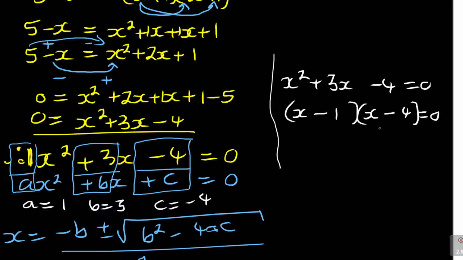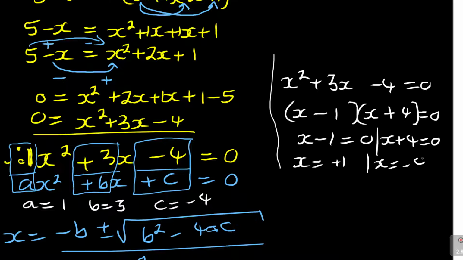So 1 times this is that, because this 3 is positive, so 4 is positive. Therefore, x minus 1 equal to 0, or x plus 4 equal to 0. So x is equal to positive 1, or x is equal to negative 4. If you did it like this, fine, no arguments, but still I encourage students to go this route.